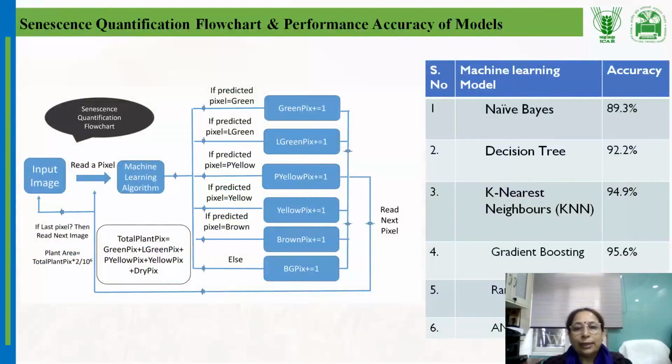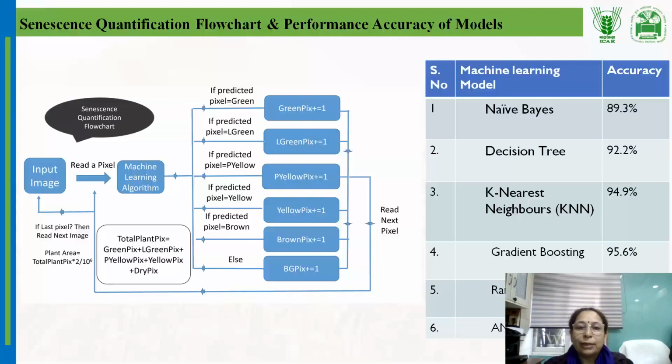Then how was the senescence estimation done? This is the flow chart. The complete input image was passed to our models, where the pixel by pixel reading of the image was done. Every pixel was passed through the different machine learning algorithms which we talked about in the previous slide, and then it went for the identification of different colors.